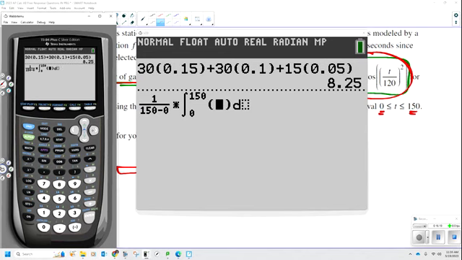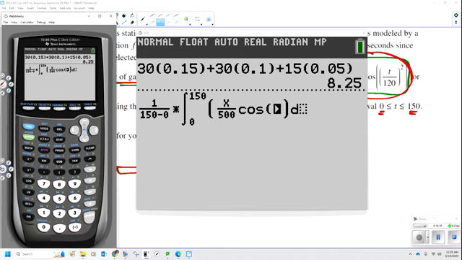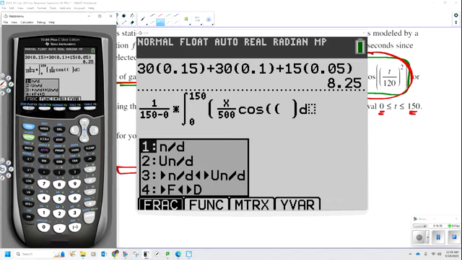And I'm going to put a fraction here. Because we don't use t, we're going to use x over 500 times the cosine. Make sure your calculator is in radian mode, not degree mode, okay? And the cosine is going to have another fraction in there that's squared.